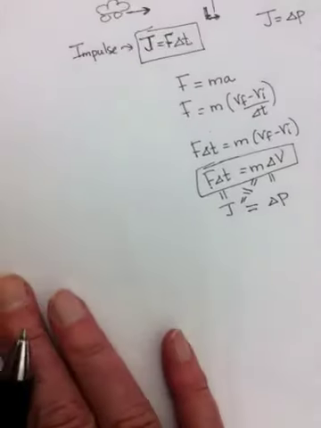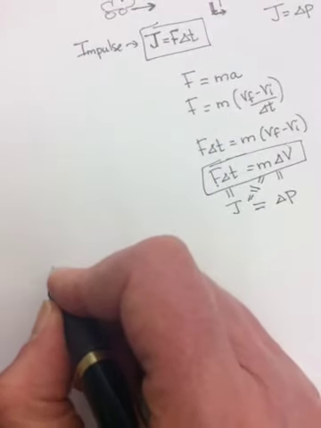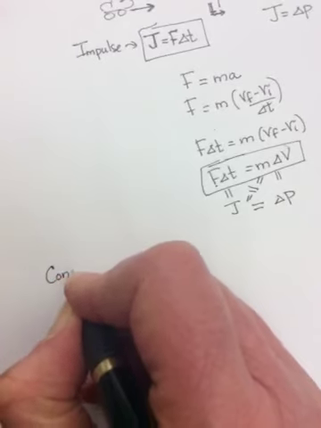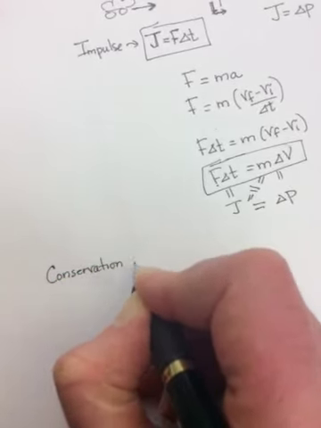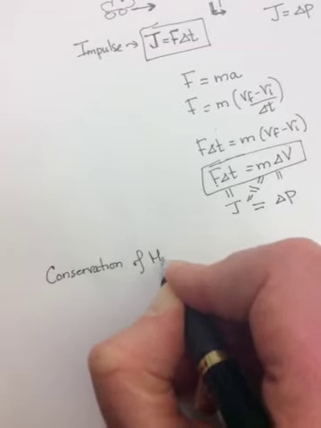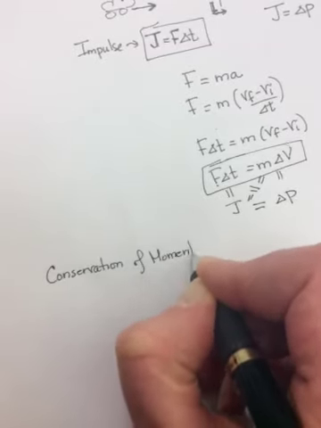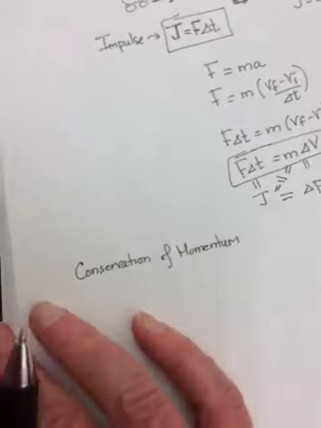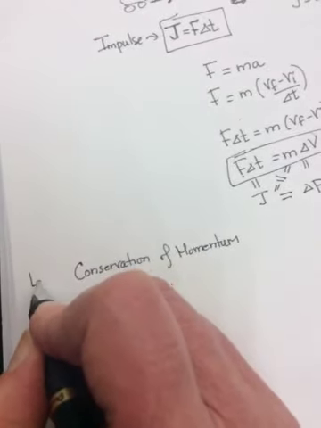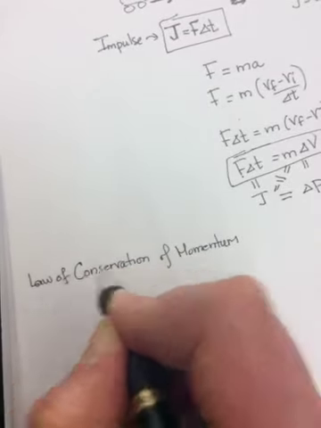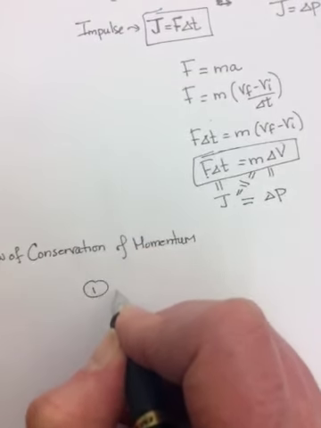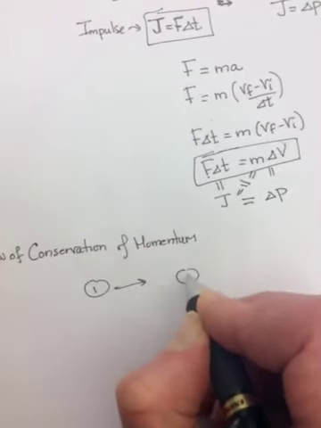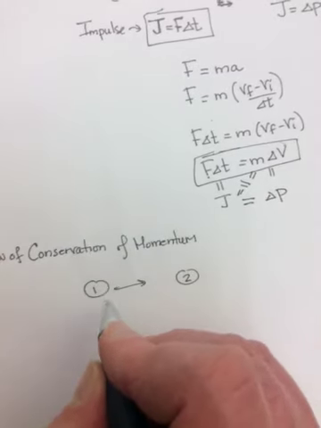The other equation that came from grade 11 was something that was called the conservation of momentum. And it's a law. And what we know is that in a given collision, momentum is neither created nor destroyed. Law of conservation of momentum. So if you had two billiard balls colliding, maybe number 2 is stationary.